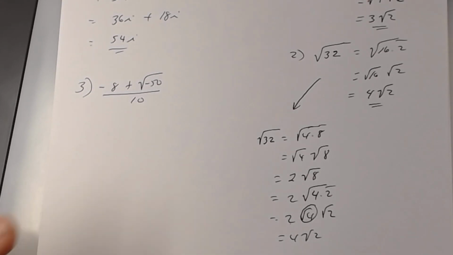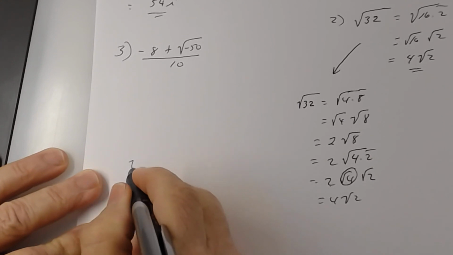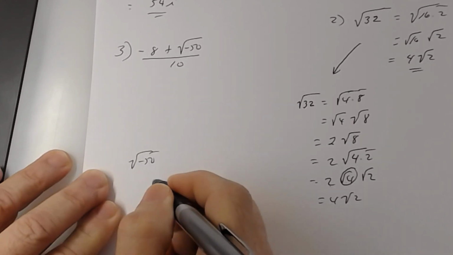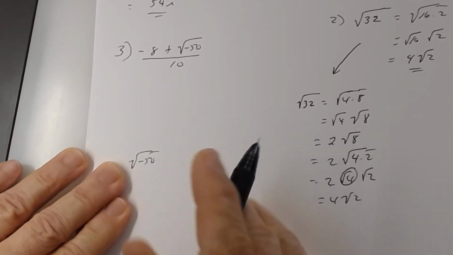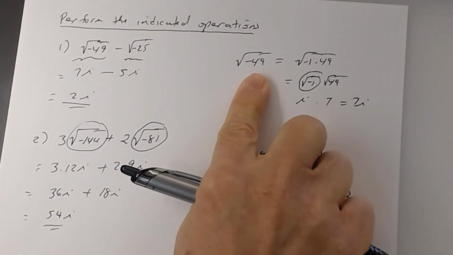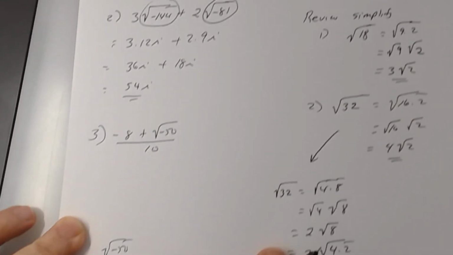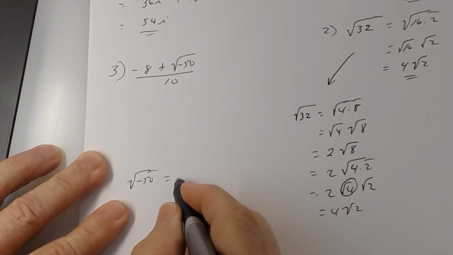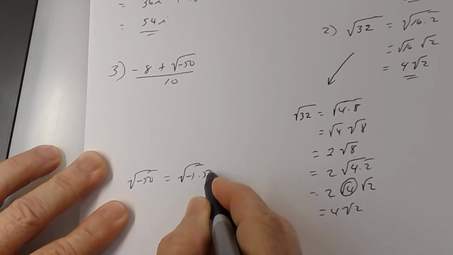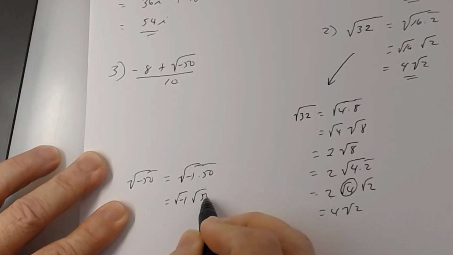So what I would do is take the square root of -50, just rewrite it, and then simplify it. So the square root of -50, do you agree that's the square root of -1 times 50? Which is the square root of -1 times the square root of 50, correct?